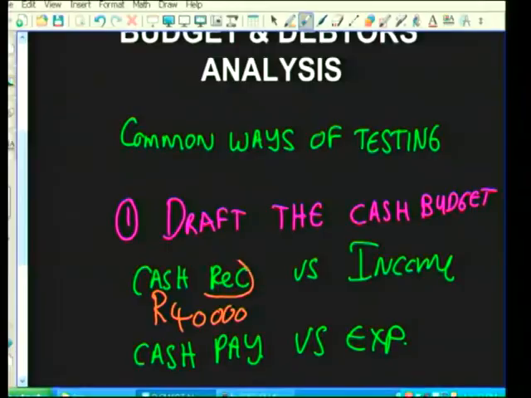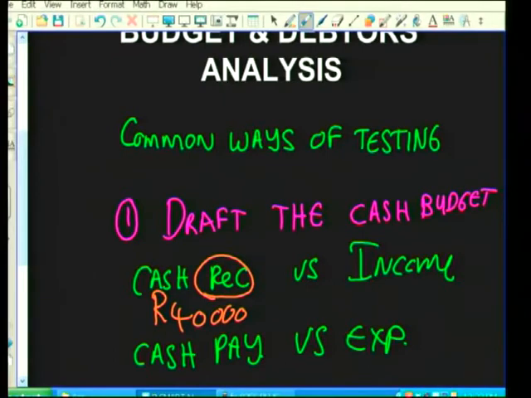Now remember guys, you've done this in depth. I'm going to just quickly go through the difference between the cash receipt and an income, cash payments and an expense. Let's start with a cash receipt. Let's think of a very common example. I want to sell a vehicle and I sell it for a cash price of, let's assume, 40,000. That 40,000 would be regarded as a receipt of money.